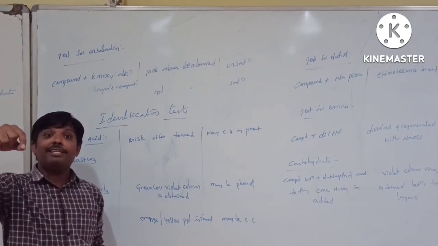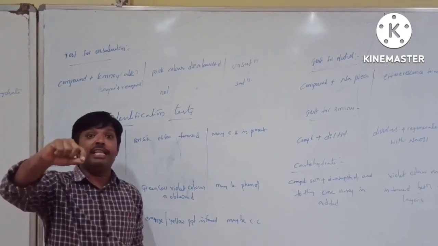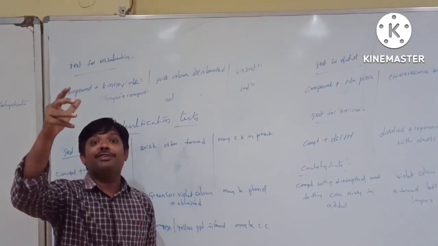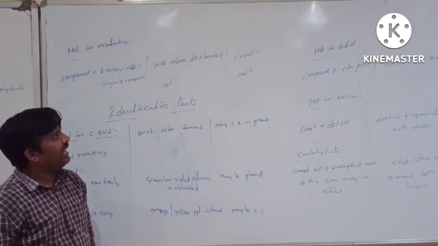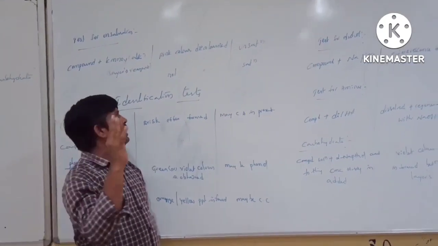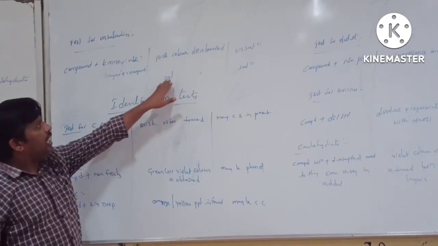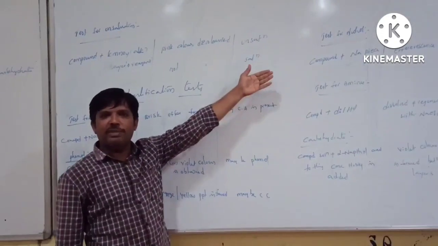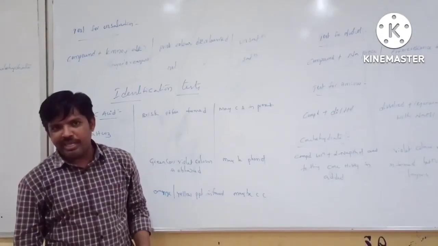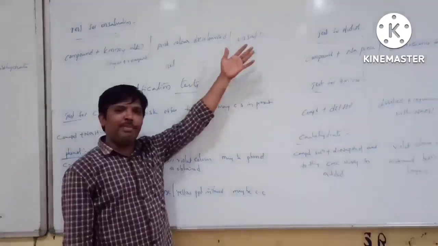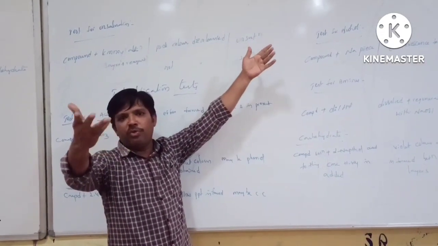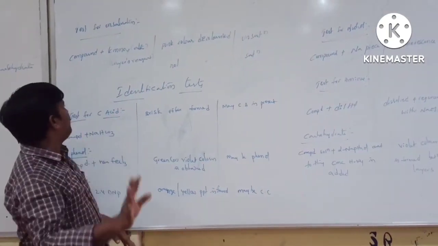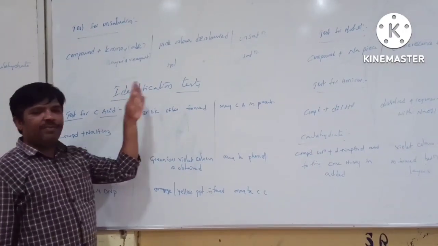The decolorization of KMnO4 itself indicates that the compound is unsaturated. If it is not decolorized, it is saturated, meaning aliphatic. Unsaturation means aromatic; if a benzene ring is present, it shows unsaturation. That is the identification test.